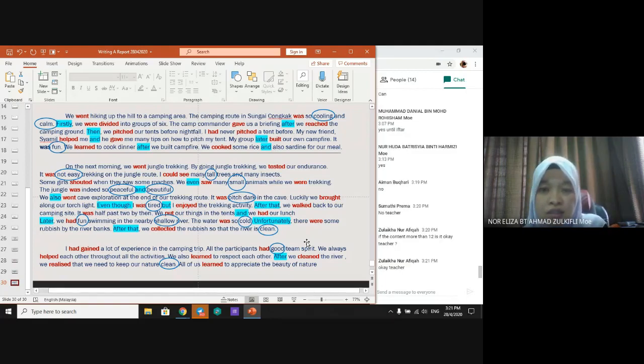Anyone else wants to ask me something? Hello, when you write your essay in your exam, you don't have all this red, highlighted or circled, yeah? This is just my notes to show what you need to have in your report, or in any writing.